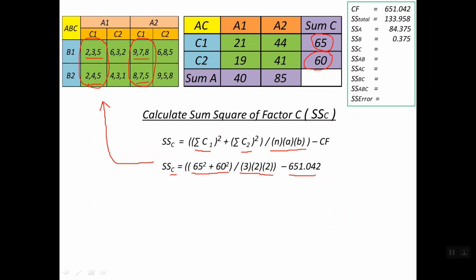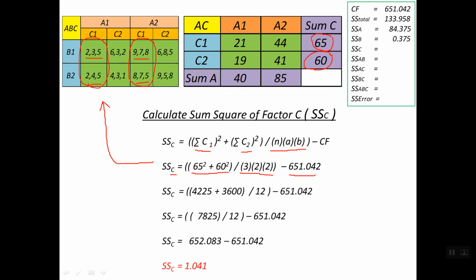And this is the correction factor, so if you proceed, you will get the value of the SS for the third factor, which is factor C. It is 1.041.